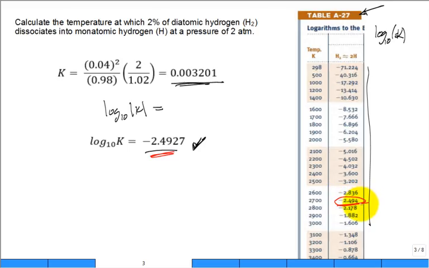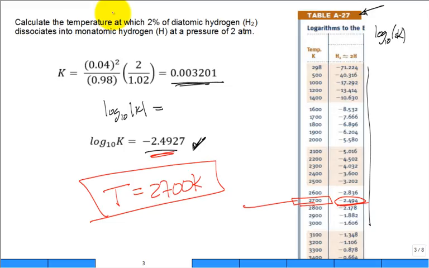I know I could do a little interpolation, but guess what my temperature is? Isn't it 2700 Kelvin? That's my answer. So that's the temperature at which 2% of the hydrogen will have dissociated in that tank of pure hydrogen.